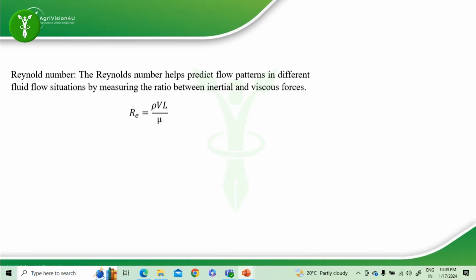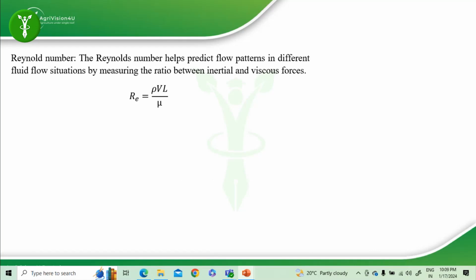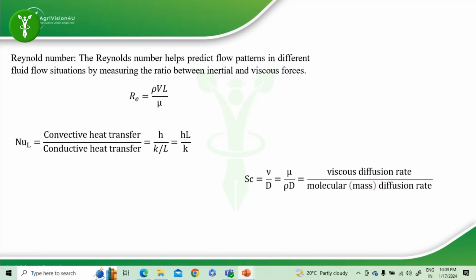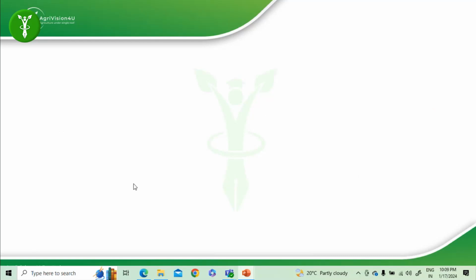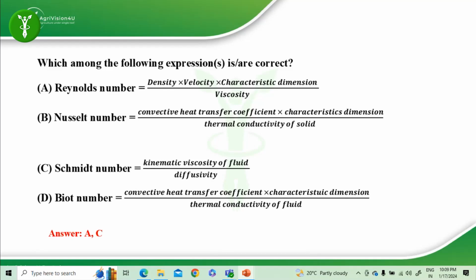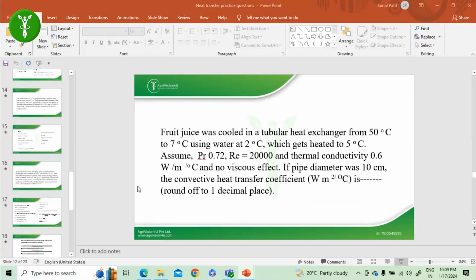For those who don't know, this is the formula for Reynolds number, Nusselt number and Schmidt number, and this is the formula for Biot number. So the answer for question number 11 is A and C.